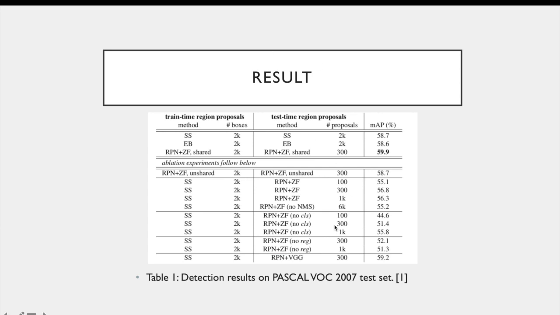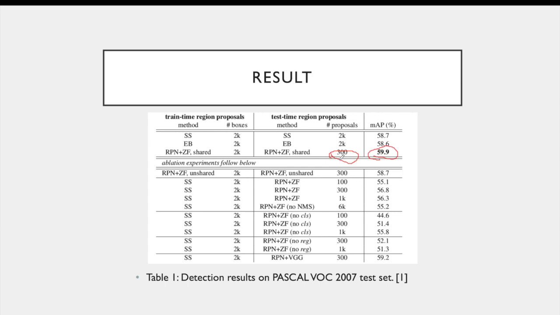As we can see right here, the Faster RCNN achieved a competitive result with an mAP of 59.9% while using up to 300 proposals compared to the others.